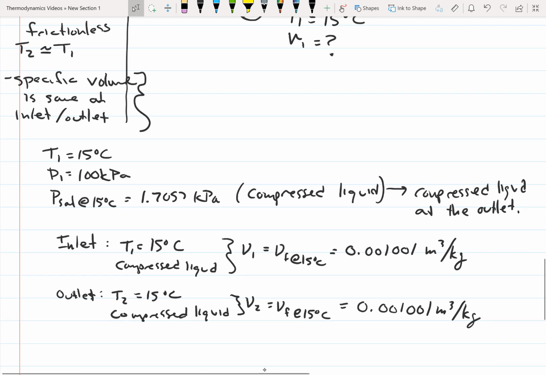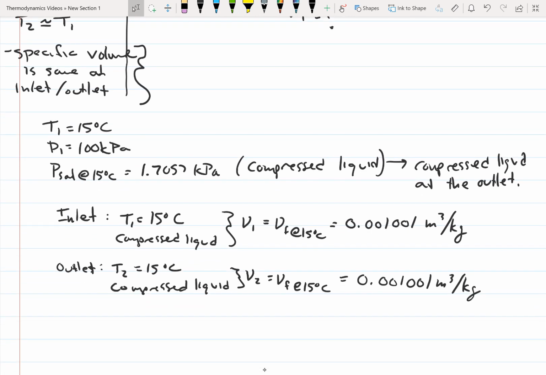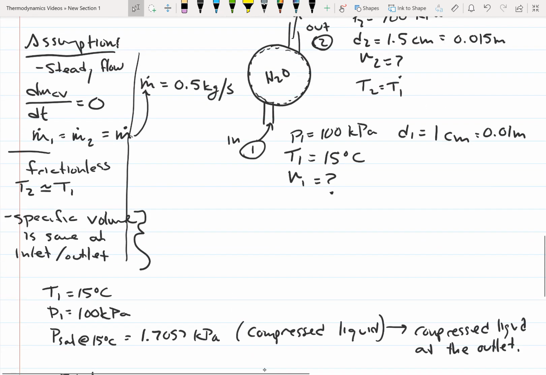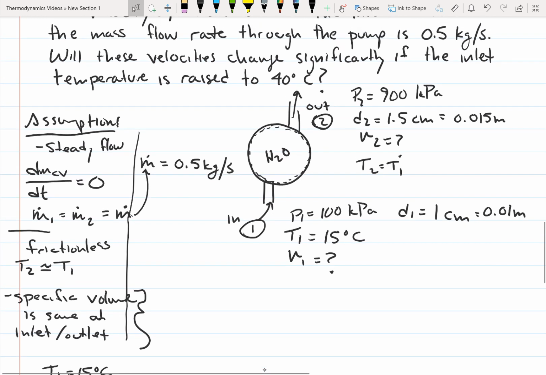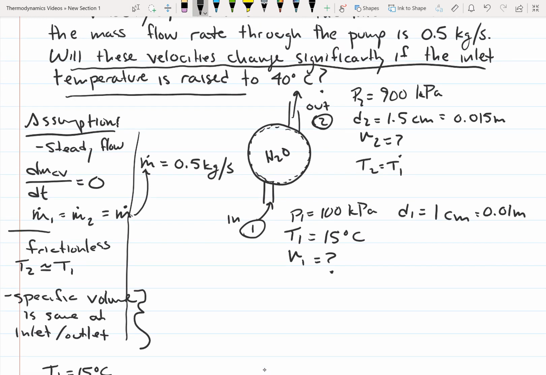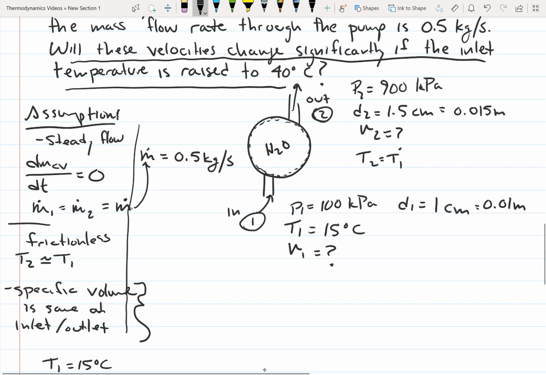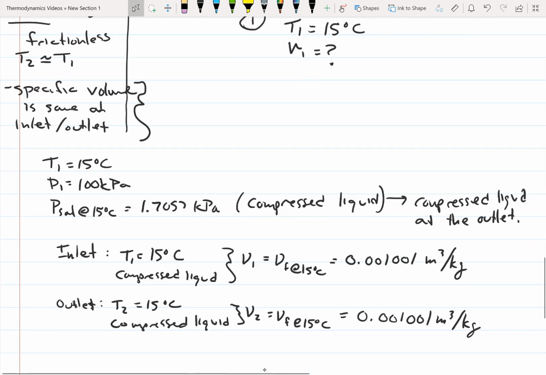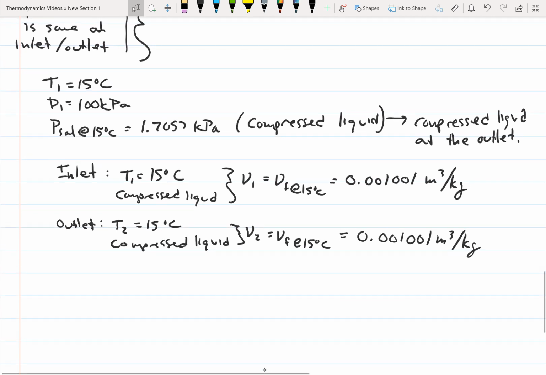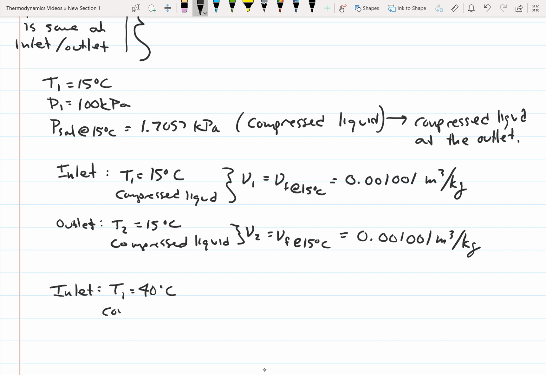And then while I'm looking at the data, the second part of the problem says, will these velocities change significantly if the inlet temperature is raised to 40 degrees Celsius? So I'm going to also get the data at the inlet for 40 degrees Celsius. If T1 is 40 degrees Celsius, it's still a compressed liquid.